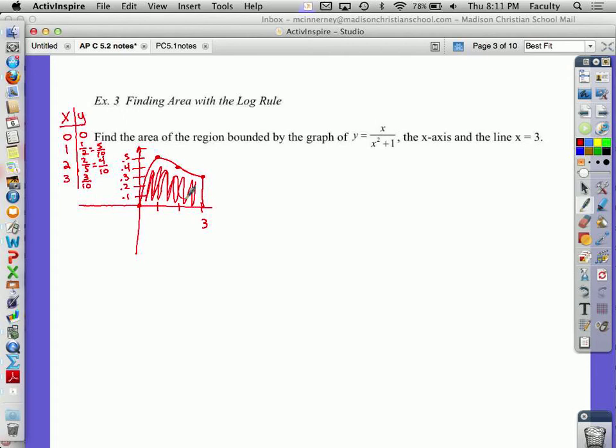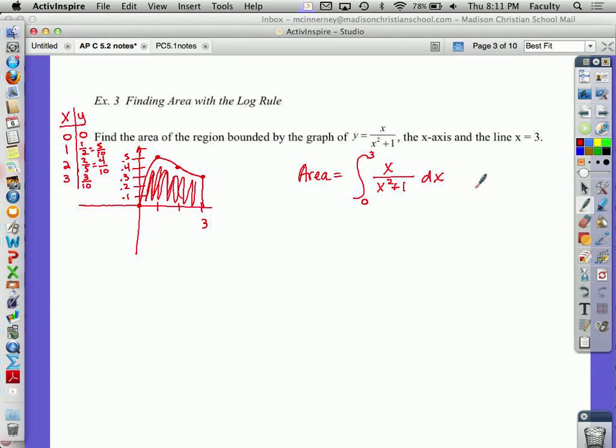Well, if you remember, the definition of an integral is the area of that region. So the area is going to equal, now the limits of integration, it starts at x is 0 to 3 of x over x squared plus 1. And remember, you only put the dx, that's the dummy variable, just to let you know what variable we're integrating with respect to.